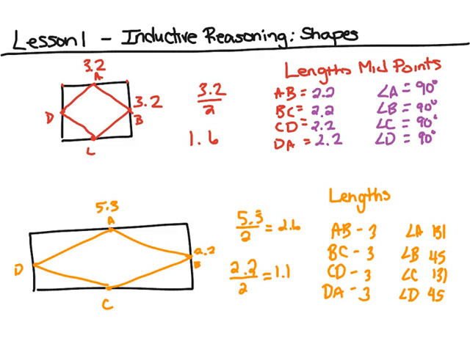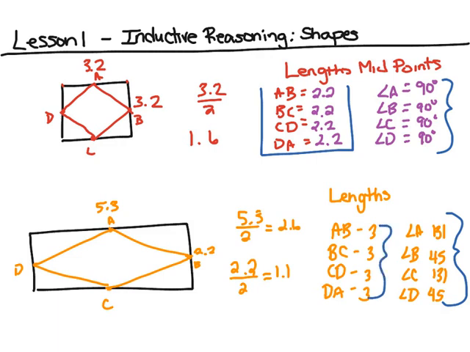So, just by looking at our first two shapes, you can notice that our lengths are the same, and you either have one set of equal angles or two sets of equal angles. So if we were to make a conjecture right now, looking at our shapes, quadrilateral, square, rectangle, and rhombus, the rhombus has equal sides and two equal angles.